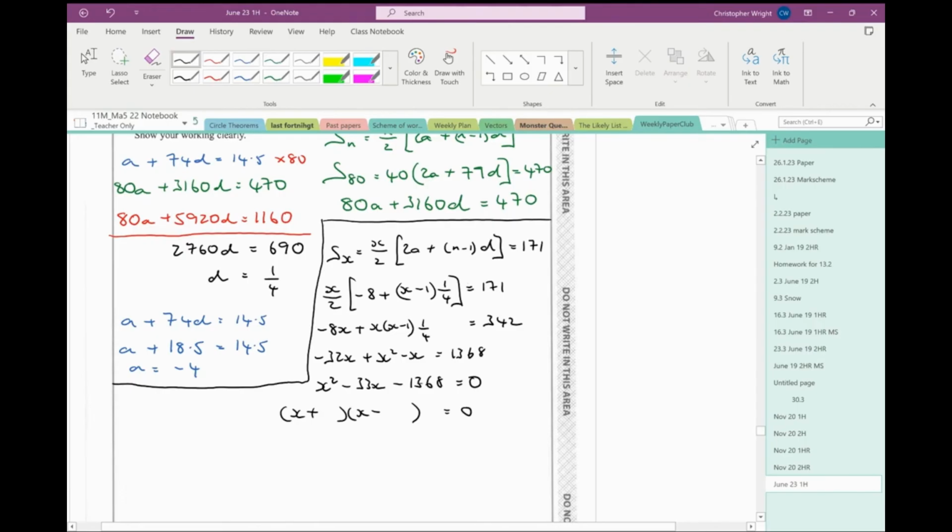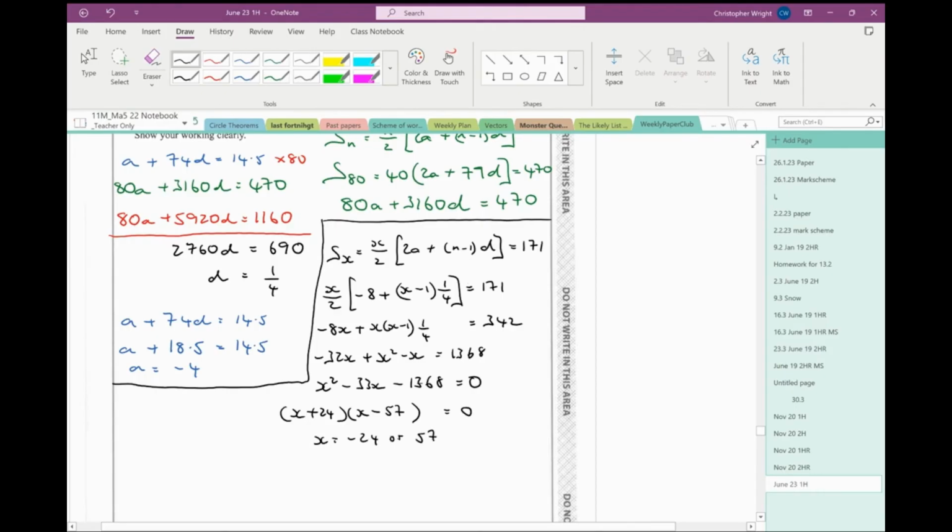And I know my two factors of 1368 are going to need to have a difference of 33. So I've got minus 33x. So it's actually going to be 24 and 57. That gives me a product of minus 1,368, and it gives me plus 24x's, minus 57x's, minus 33x's. So that's all good. So my solutions are that x equals minus 24 or 57.